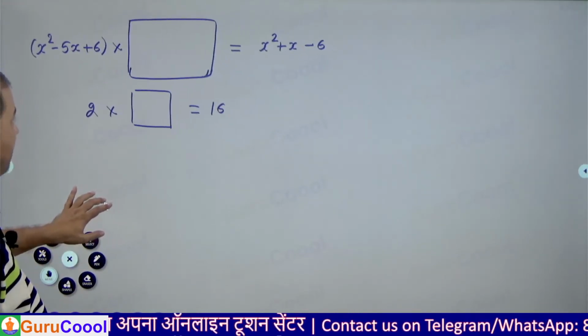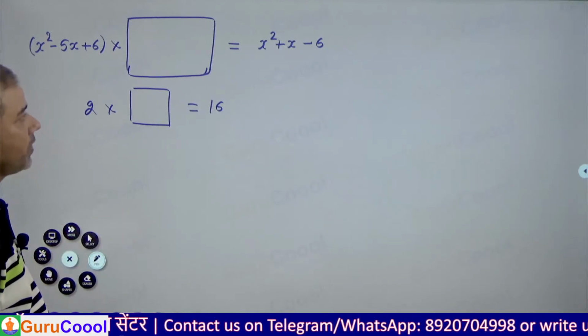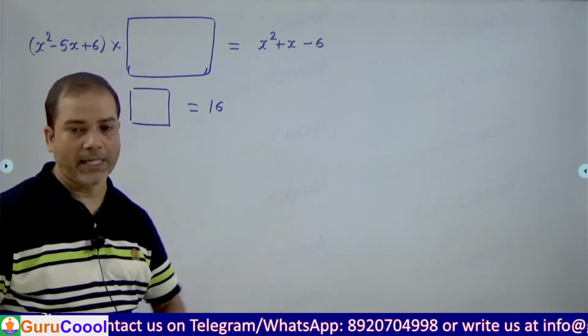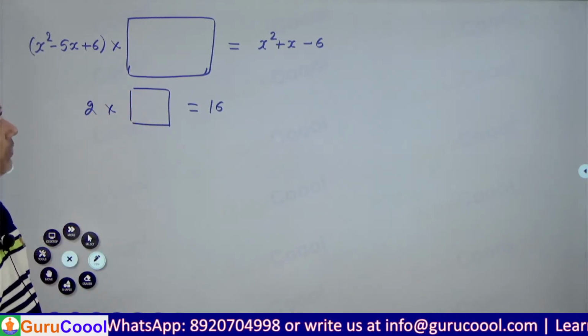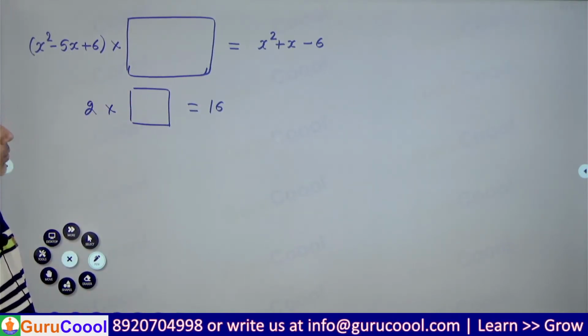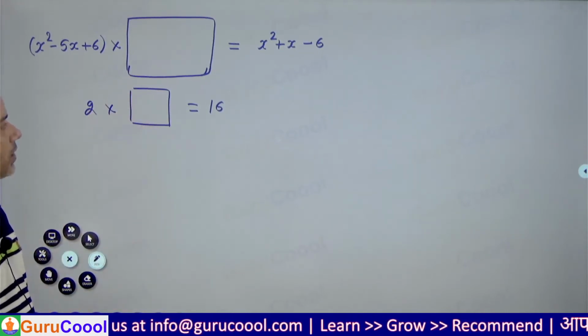No, sir. It will look different if you're absent, if your brain is absent. If your brain is not thinking in the right direction, then it will make you feel they are different. But those who are focused will see them as the same. These questions are the same.